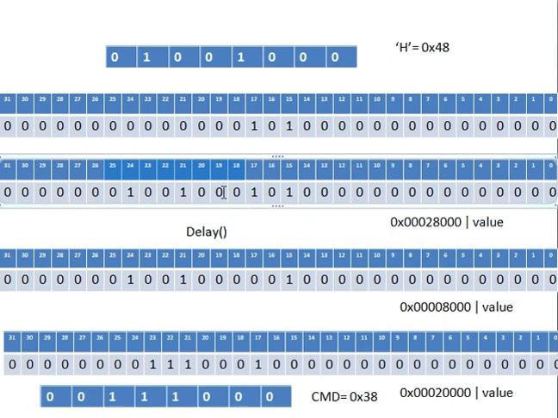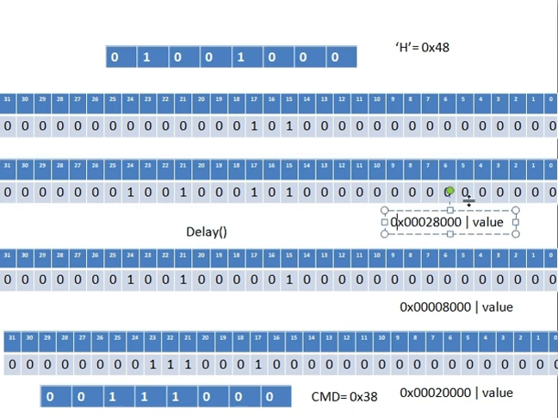So when you OR this data with the previous data, here you can see this is actually 2800. What is that? 2800. Bit number 15 is 1, bit number 17 is 1.